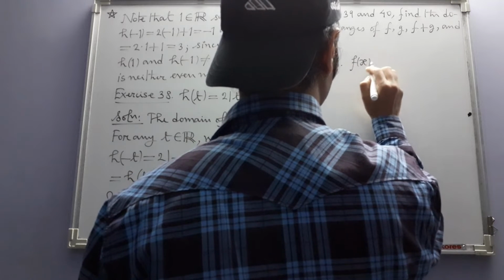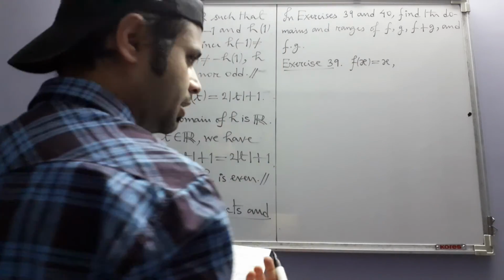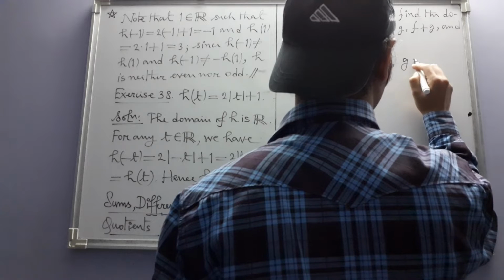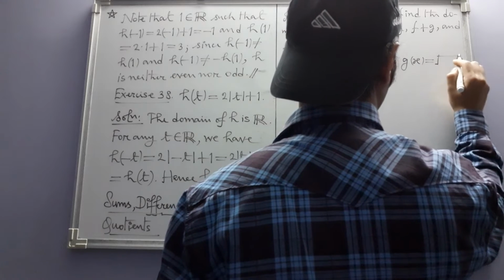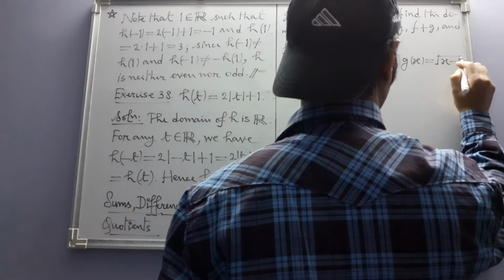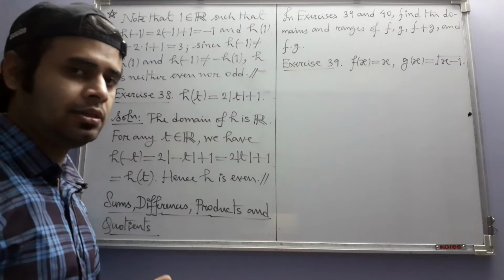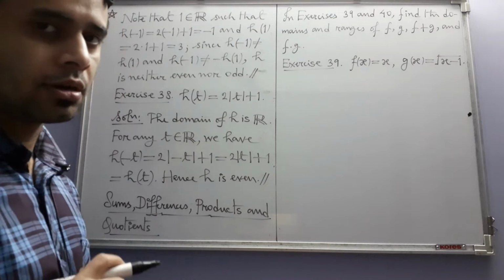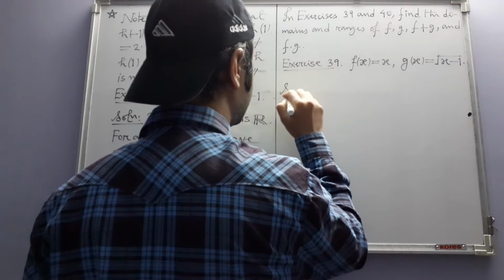the function f of x is the identity function which maps every element to itself, every real number to itself, and g of x is square root of x minus 1. Without thinking of any issue or whatever, we straight away start solving this, and then we will encounter a problem.